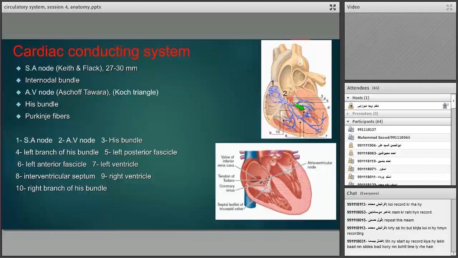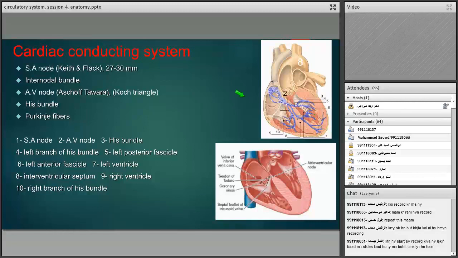At the time that the conduction reaches the AV node, it will send it to the His bundles and they go to the apex of the heart, and after the apex they will distribute into the heart ventricle muscles.